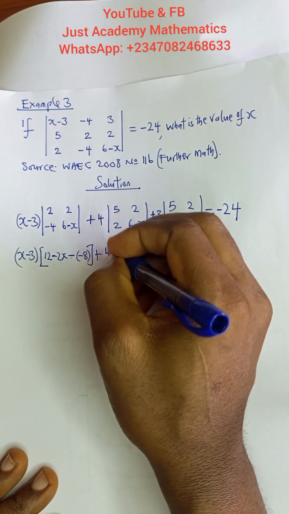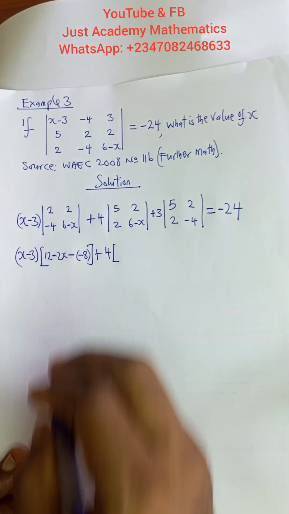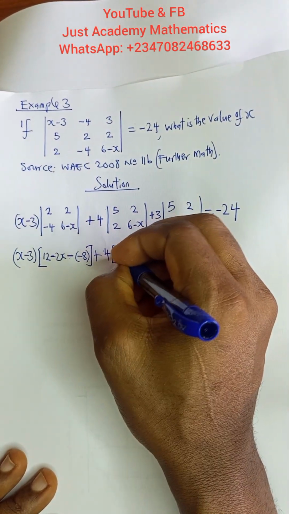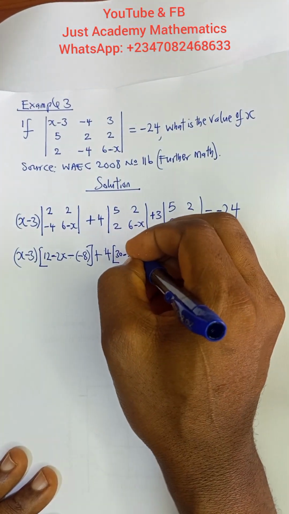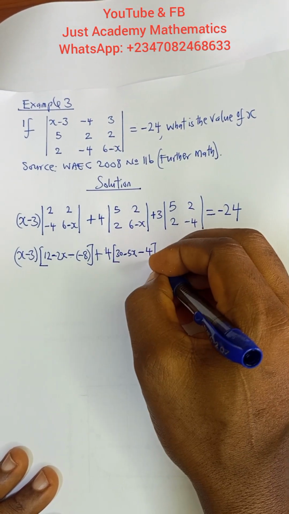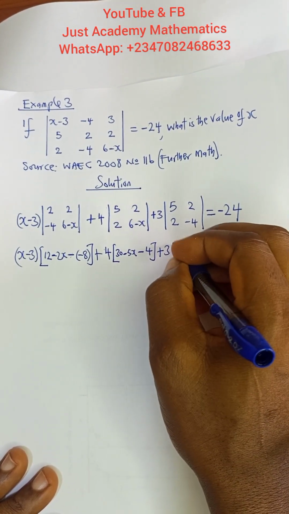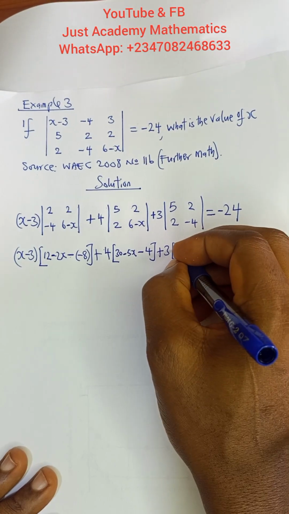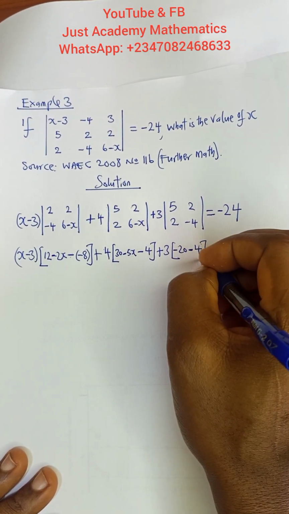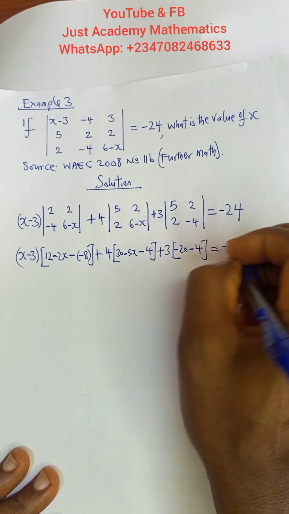Plus, if you watched the last class, you should know what is happening here. 5 times 6 will give you 30, minus 5x, minus 2 times 2 is 4. Plus 3 times 5 times minus 4, which is minus 20, minus 2 times 2 is 4, equals negative 24.